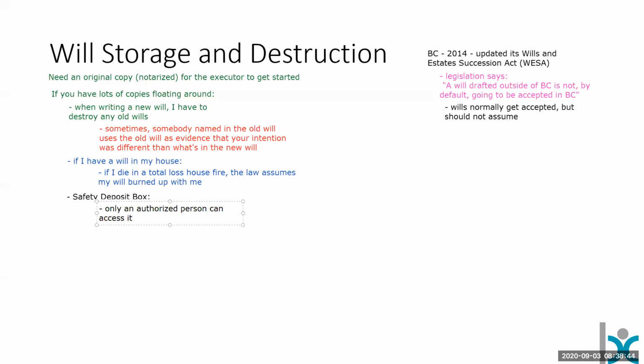Okay. So, well, hang on to that thought, Paul. I don't have a perfect answer for that, as you might have guessed, okay? So only an authorized person can access it. So the executor is an authorized person. You with me here? But the proof that they're the executor is in the safety deposit box.